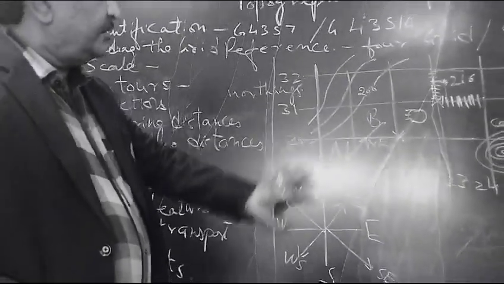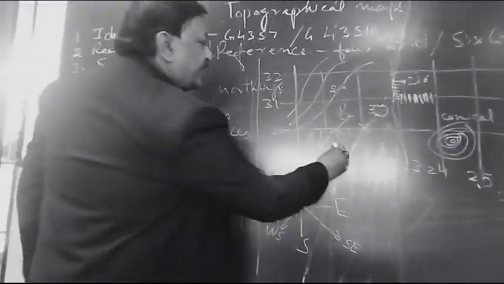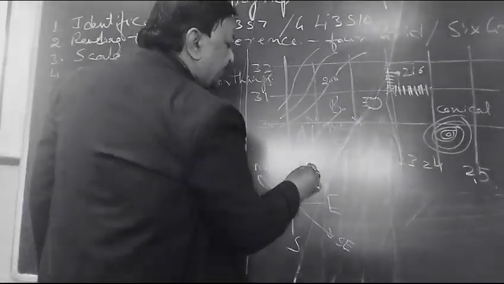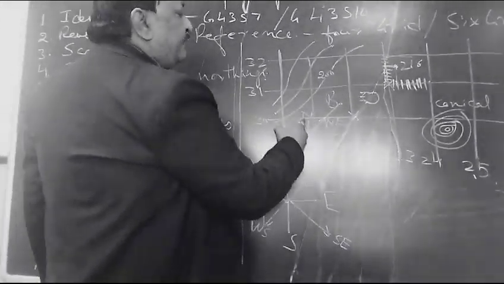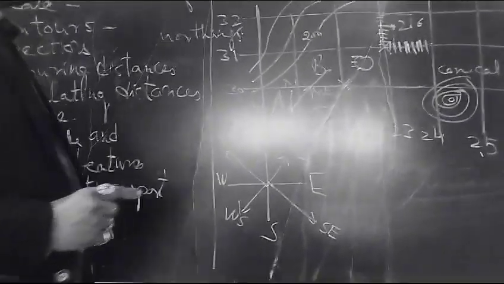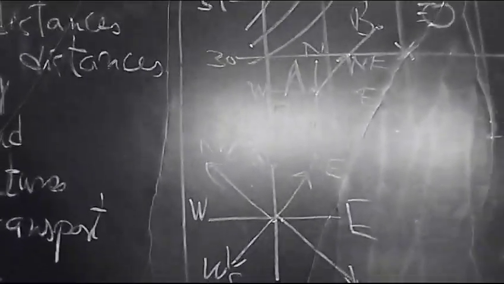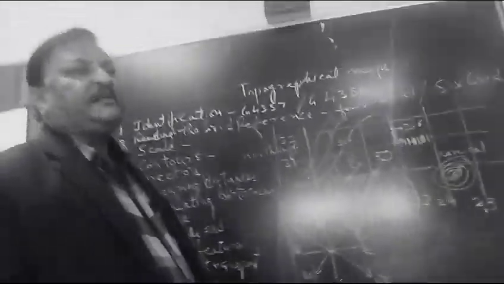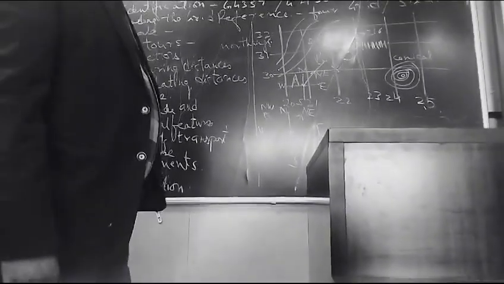By comparing this, that means the direction of B from A is northeast. In the same manner, we can find out the direction of any place from the other place.